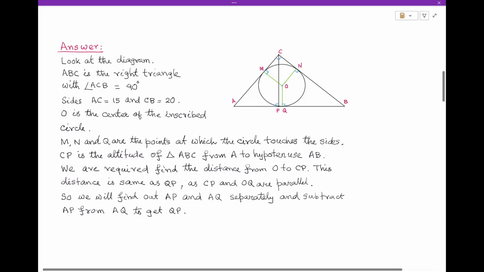ABC is the right triangle with angle ACB, that is this angle, equal to 90 degrees. Side AC is 15, side BC is 20. O is the center of the inscribed circle.